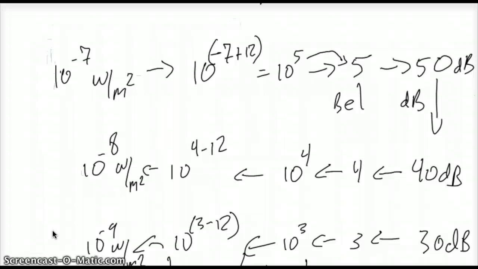For loudness, it will be 1 watt per meter squared. For the quiet, it will be 10 to the minus 12 watts per meter squared, and the halfway part will be like 10 to the minus 12 over 2, which is like a half.